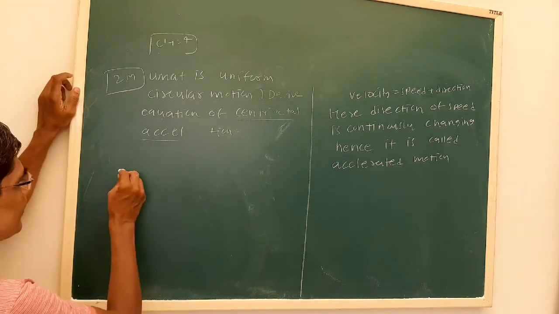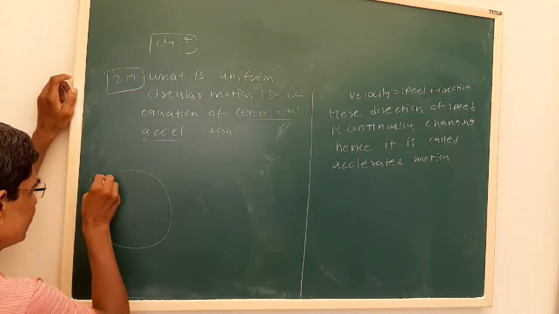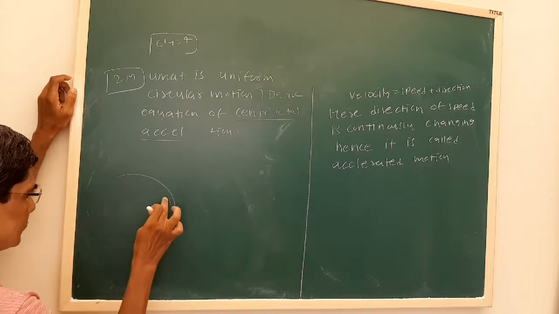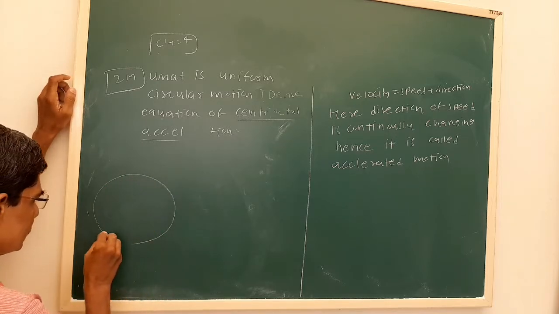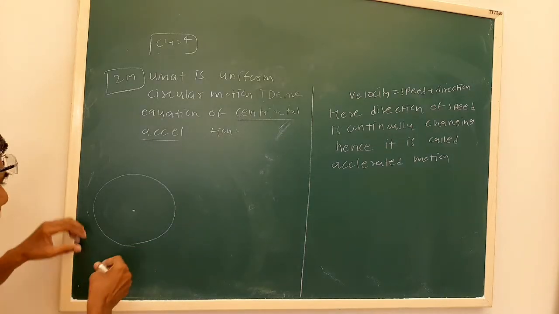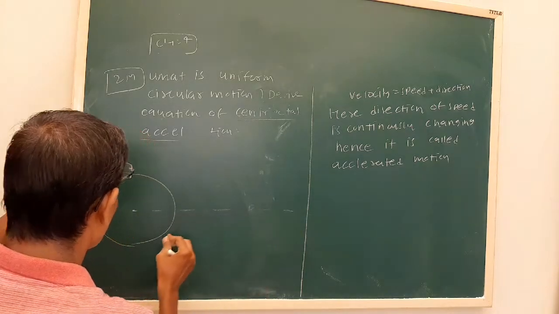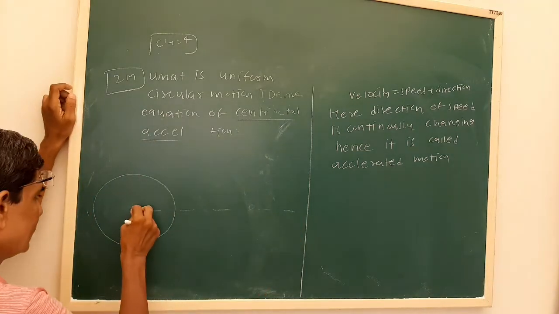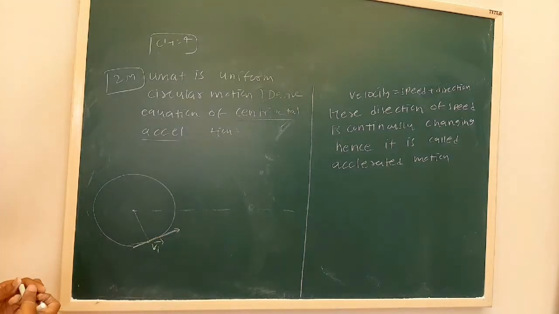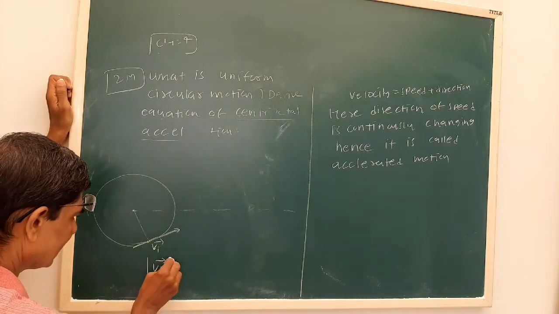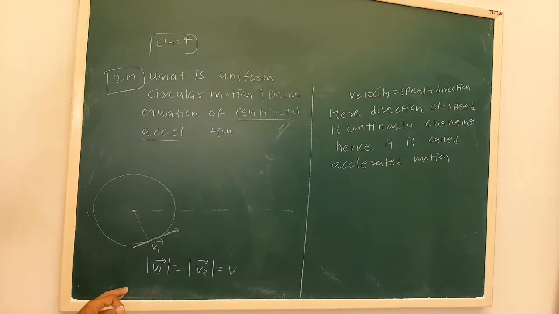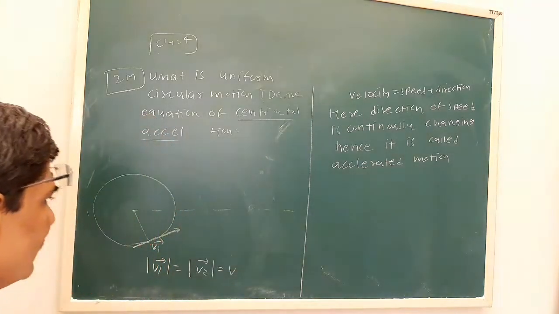Now see, it is a circular motion like this. At any point, let us say P, the velocity is v1. Here it is a motion with a constant speed, so the magnitude will be equal.